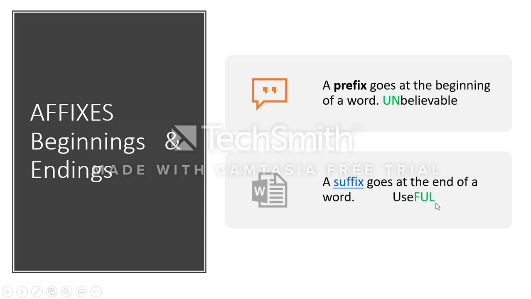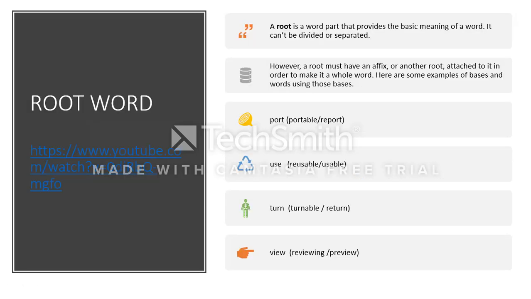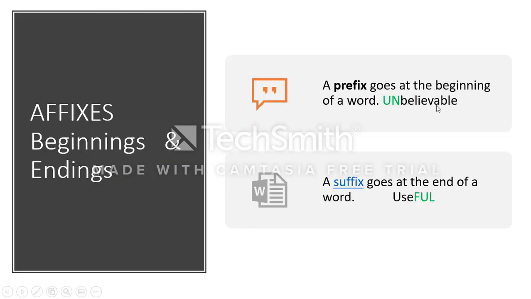Full is the suffix, goes at the end. But you also have the root word, because here, as you see, believable, believe, here you don't only have a prefix, you also have a suffix. The word would be believe, right? Here the word is use.